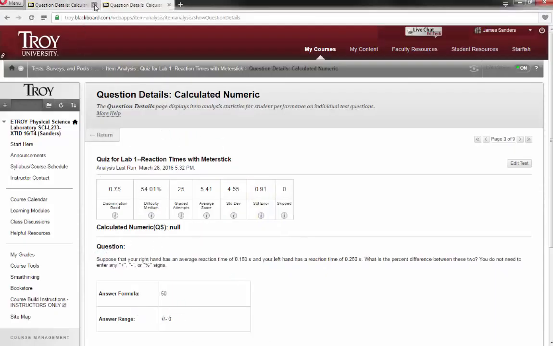Okay, so let's look at the third and final one that I'm going to work for this particular quiz. It says, suppose your right hand has an average reaction time of 0.15 and your left has an average reaction time of 0.25 seconds. What is the percent difference between these two? You do not have to enter any plus, minus, or percent signs.